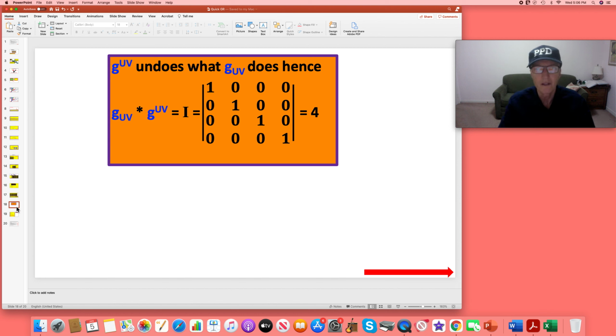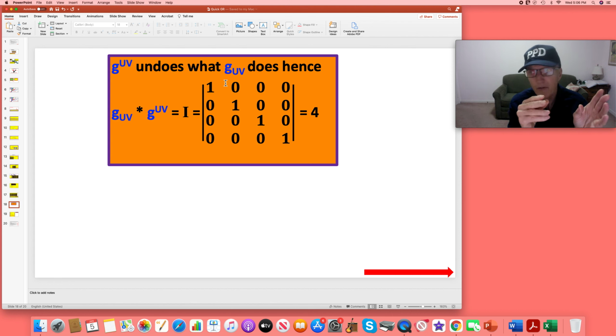So now let's look at this. It turns out that G superscript UV, compared to G subscript UV, flips the derivatives. And the result of that is that G superscript UV undoes what G subscript UV does. Let's say you multiply something by G superscript UV, and then you multiply that by G subscript UV.